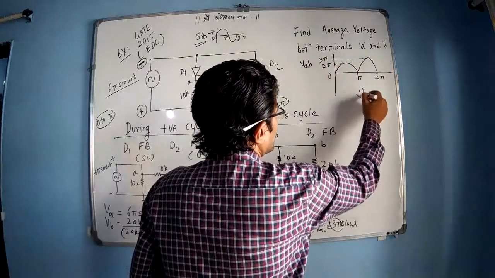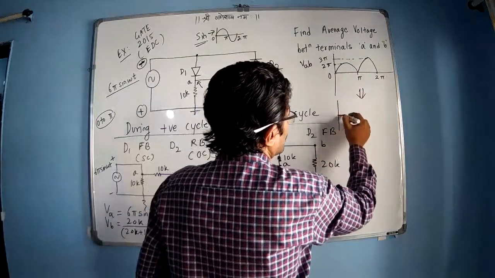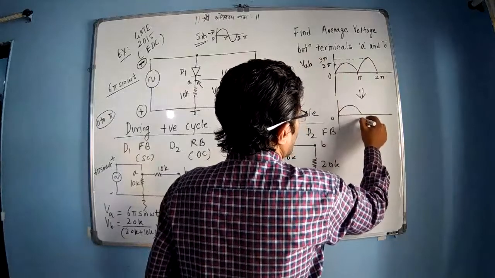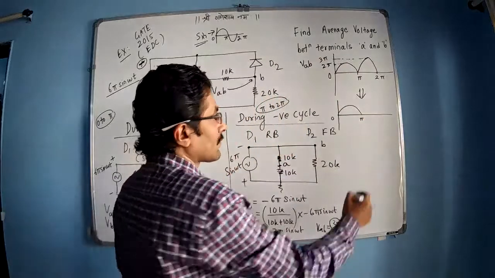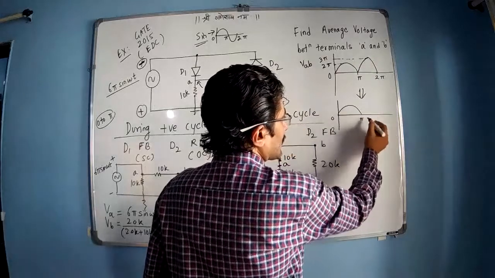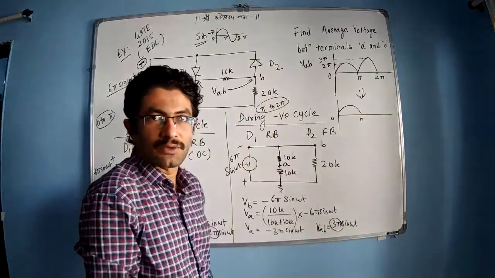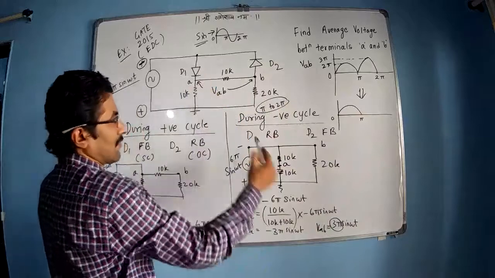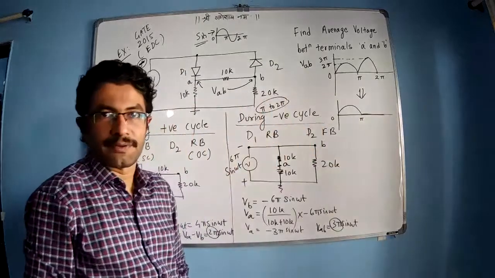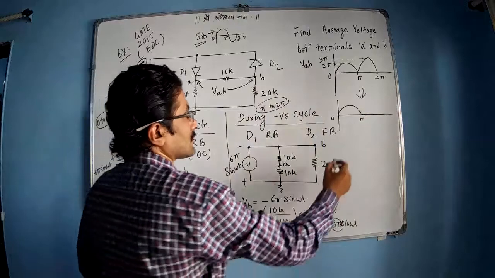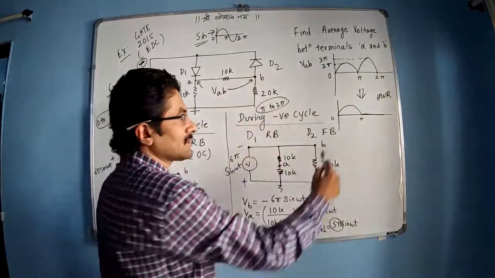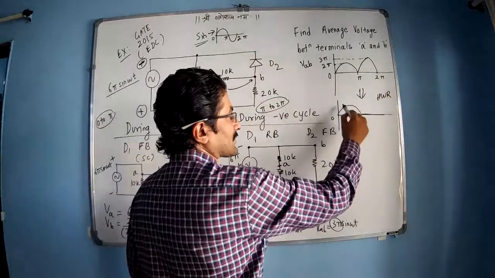We can write this as 0 to π, which will conduct only during the positive half cycle. During the negative half cycle, diode D1 is off. So it is acting like a half wave rectifier, since it will conduct only during the positive half cycle.